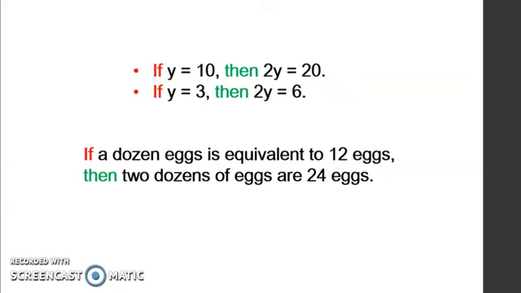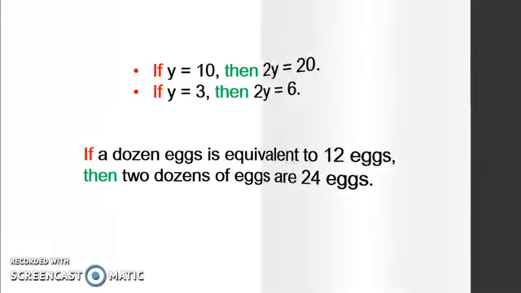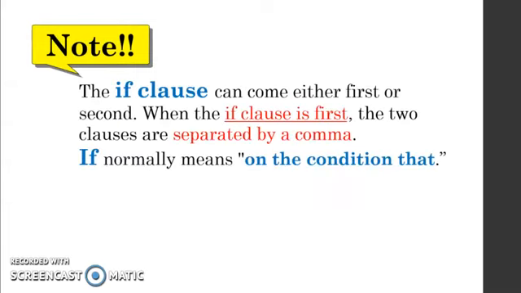Now let us try to apply how conditional sentences are expressed in writing or even when you are talking. I have here some examples, but before that, remember this first. The if clause can come either first or in the second part of the sentence.